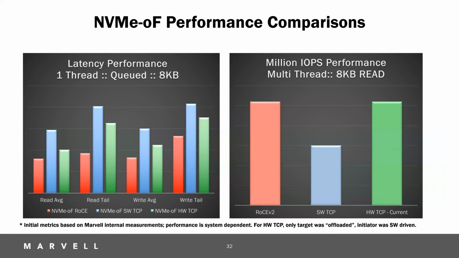What I want to walk the audience away with is that this is 8 kilobyte performance. This is real world performance. And if you're looking for the lowest latency, perhaps RoCE v2 is a great choice.